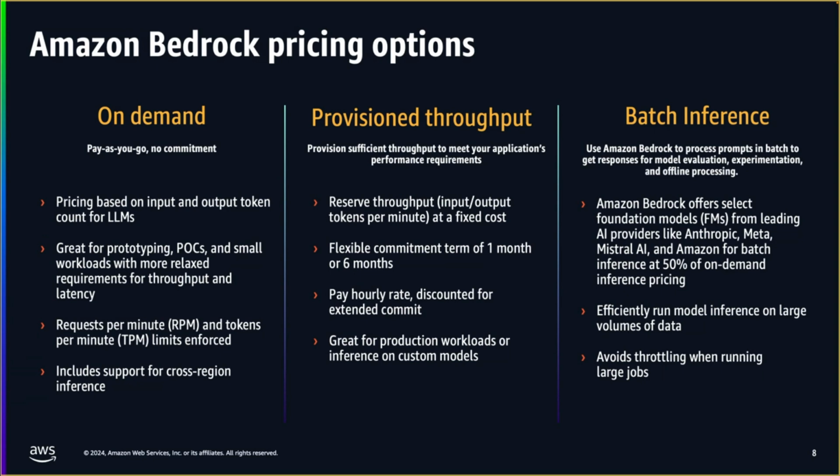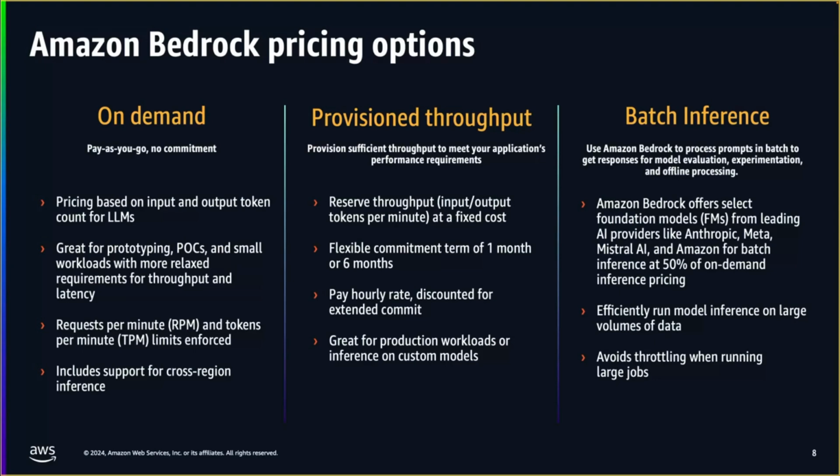And you can either have it without commitment or have a commitment for 1 or 6 months with a reduced price, right? So you are now paying based on an hourly rate and not based on input and output tokens. By default, you can provision 2 model units. We are going to talk about model units a little bit later, but you can request limit increases if you need provisioned throughput.